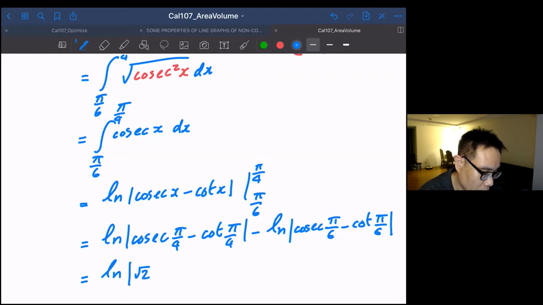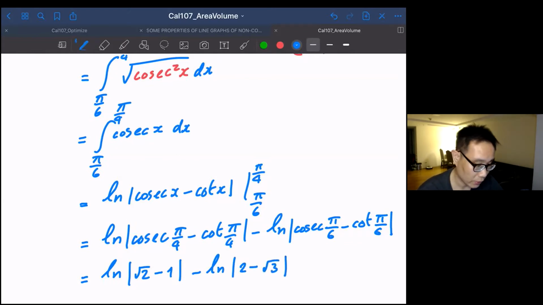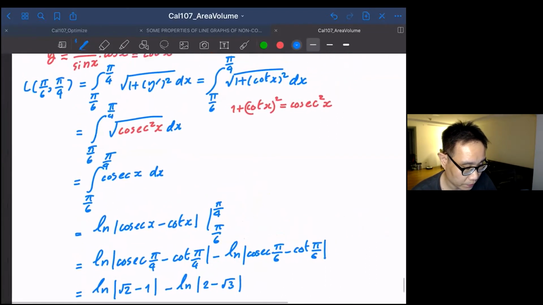Cot pi/4 is 1. Cosec pi/6, 30 degrees, is 2, and cot pi/6 is root 3. So you see everything turned out to be very nice. It's going to be log of square root 2 minus 1, minus log of 2 minus root 3, and this will be your final answer.